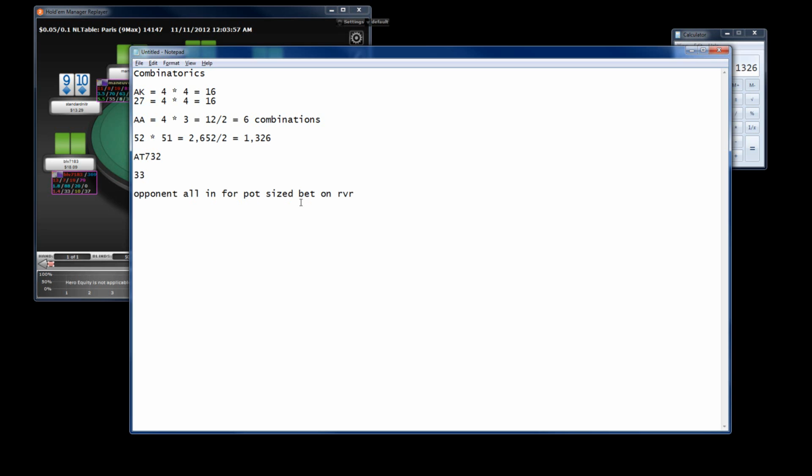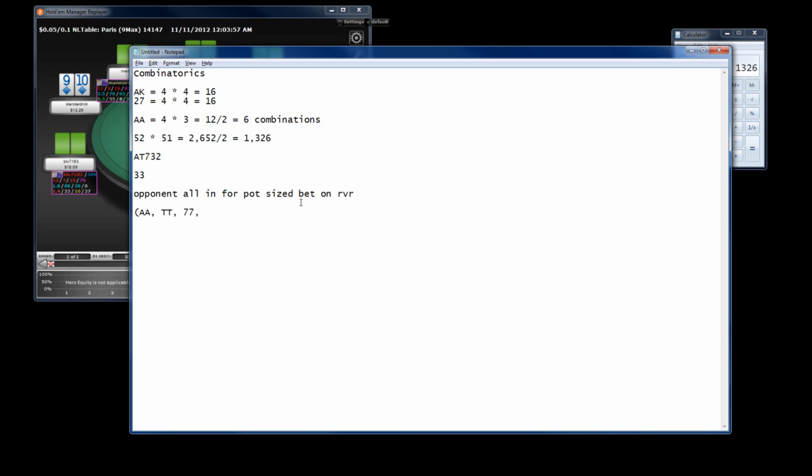So let's say, in theory, we put him on 2 pair and sets, and we want to know if we should call or not. Well, let's go ahead and see what type of 2 pair and sets we think he will have. We'll think he has pocket aces, pocket 10s, pocket 7s.